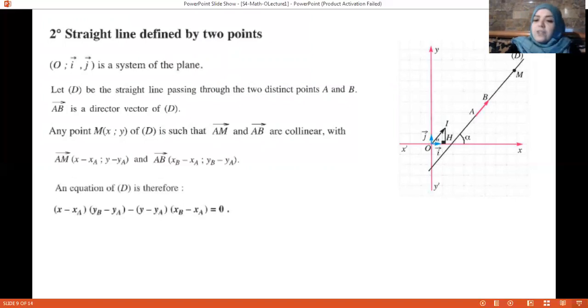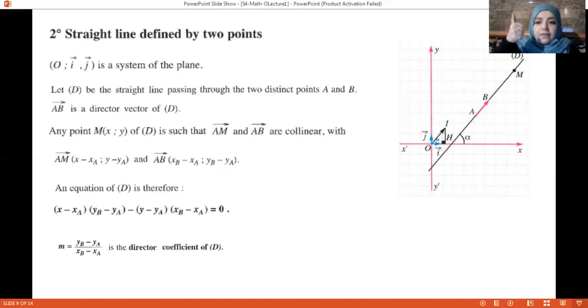So for the equation, you apply the collinear condition, and you are going to get an equation. The director coefficient is the slope. Okay, so starting from now on, instead of saying slope, it's the director coefficient. Okay, so let us repeat the steps.